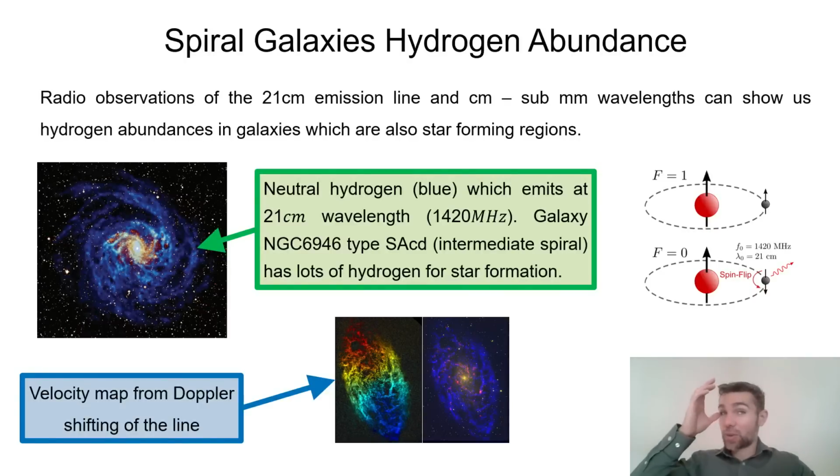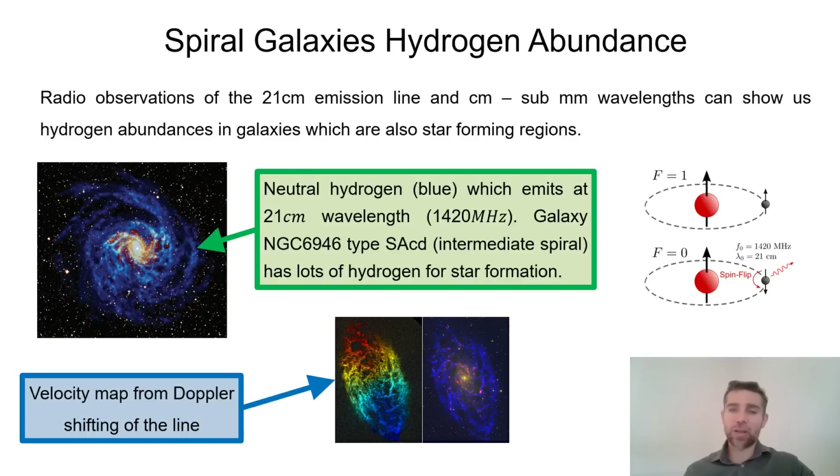Now, what we can do with spiral galaxies specifically, because elliptical galaxies don't really have hydrogen in them anymore, is we can map out the hydrogen abundance. So we can look at the neutral hydrogen line. It is the 21 centimeter emission line, and it's in the radio part of the spectrum. So we can map out where this hydrogen is. This is cool gas, and this is likely where we're going to find star formation as well.